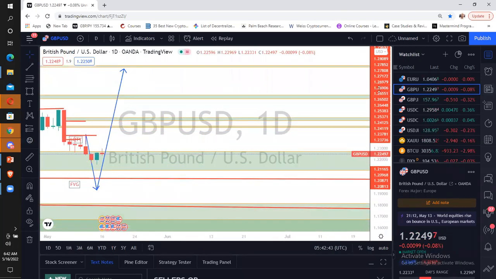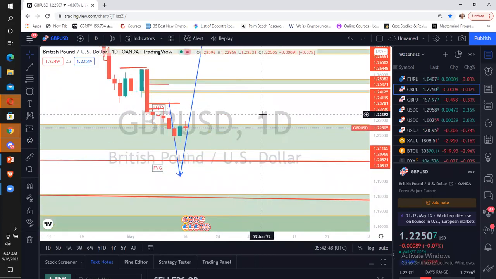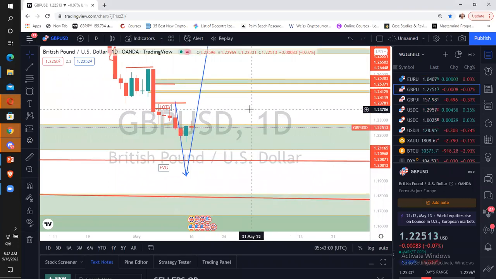Meso, are you here? Meso is here, sir. Good. Meso, I analyzed this chart. Spot out the FVG and spot out where this market is headed now.